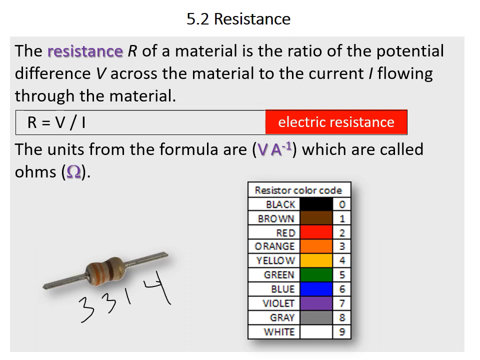So 3,314 ohms. But if you ever end up working with resistors or doing anything with electrical engineering, it will be very clear. You can only read the resistors in a particular order, or else you're going to get numbers that the manufacturer didn't make. So there's only really one way to read the resistors.